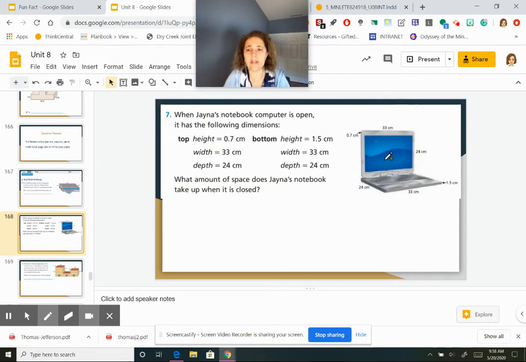So this lid is coming down. So if this lid is coming down, is the height going to be the same? No, right? So I will need to add up my heights of 1.5 and 7/10.